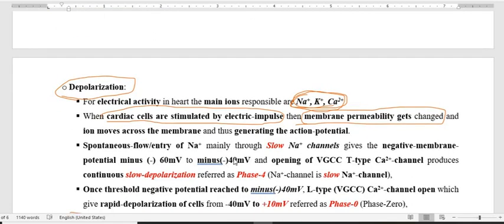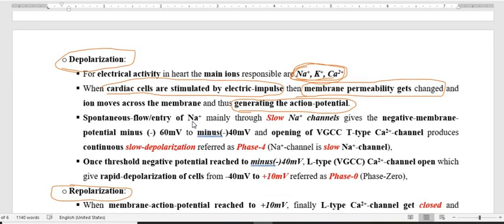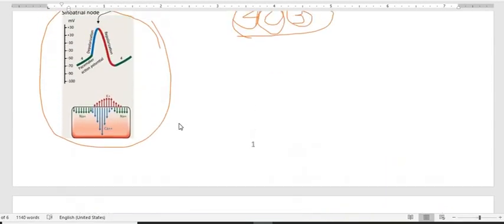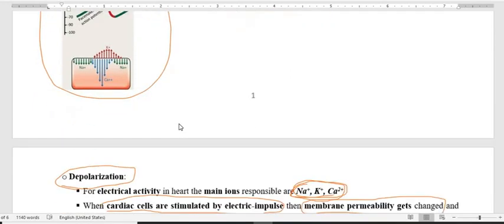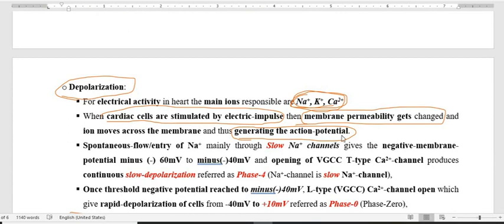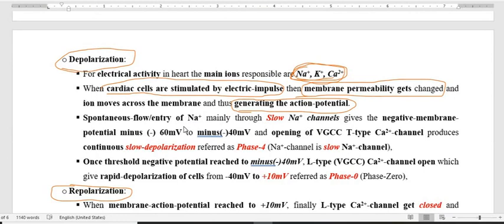When the action potential is generating in the pacemaker cell because of the electrical impulse stimulation, and we look at the SA node action potential, the starting point is that the membrane permeability gets changed because of the electrical impulse, and it opens the sodium channel.